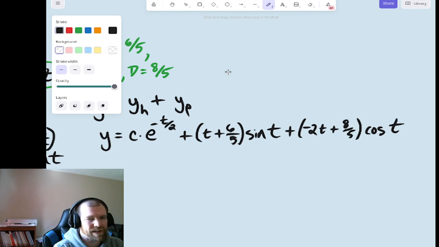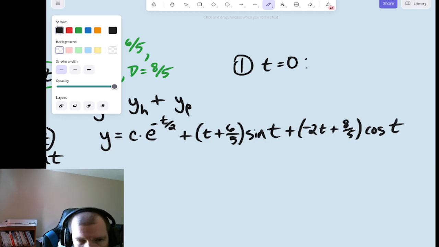Alright, there was one last little bit that I didn't actually put on this screen yet, which was there are 2 initial conditions. So initial condition 1 was that at t equals 0, we should get 0, I think.